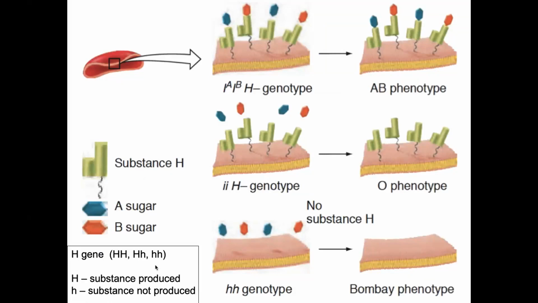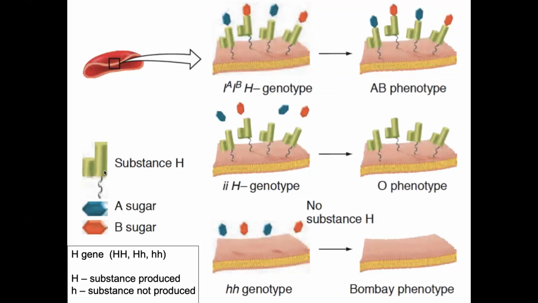So again, if you're homozygous big H, or heterozygous, you're going to produce that substance H, and it's going to be present on the surface of your red blood cells. It's that substance H that is modified by the gene products of the I gene to then determine a particular phenotype of A, B, O, or AB. The I superscript A allele adds a sugar, the A sugar, onto that substance H to produce the A phenotype.